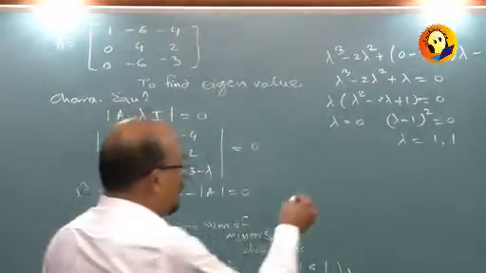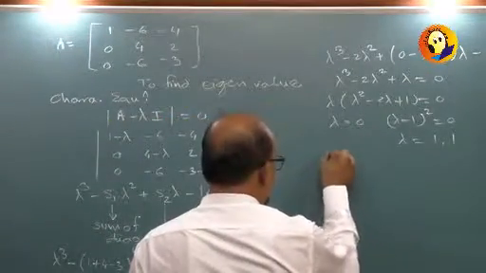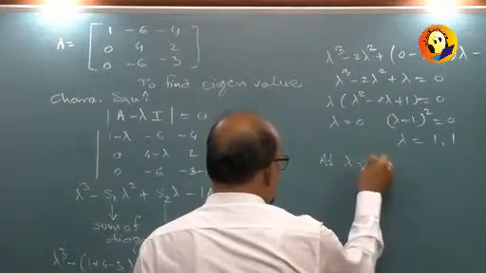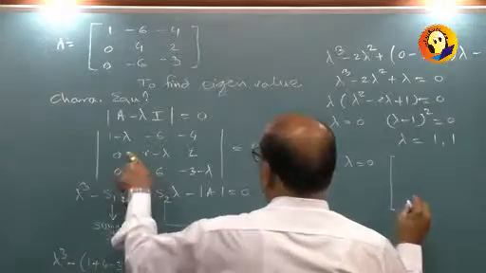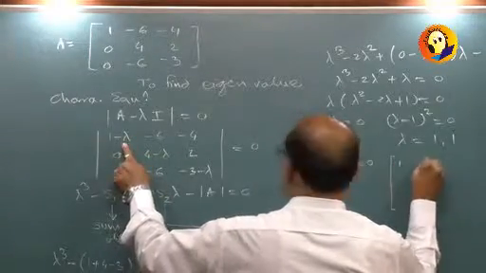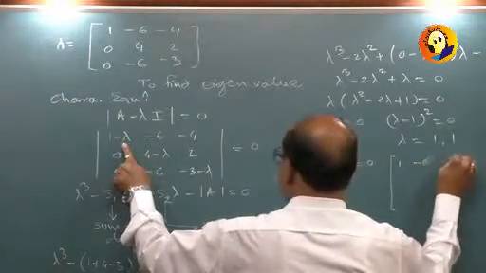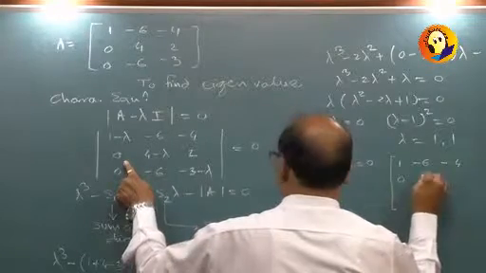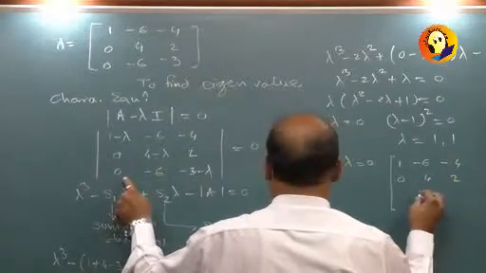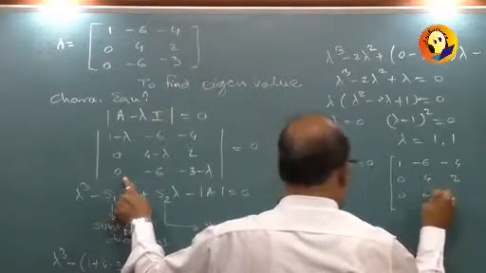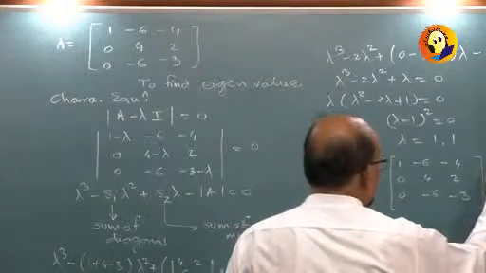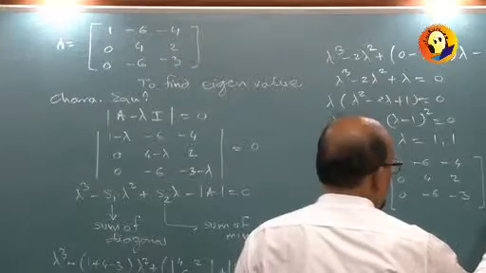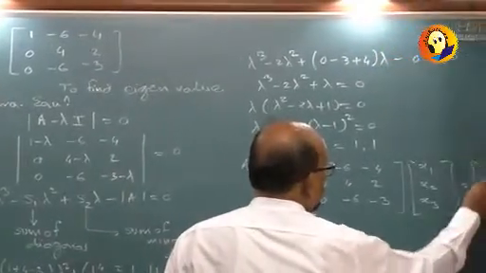Now for the first part, that is at lambda equal to 0, we will get the equations as, put lambda equal to 0 in this, so it is 1 minus 6 minus 4, 0 4 2, and 0 minus 6 minus 3, times x1 x2 x3, equal to 0 0 0.